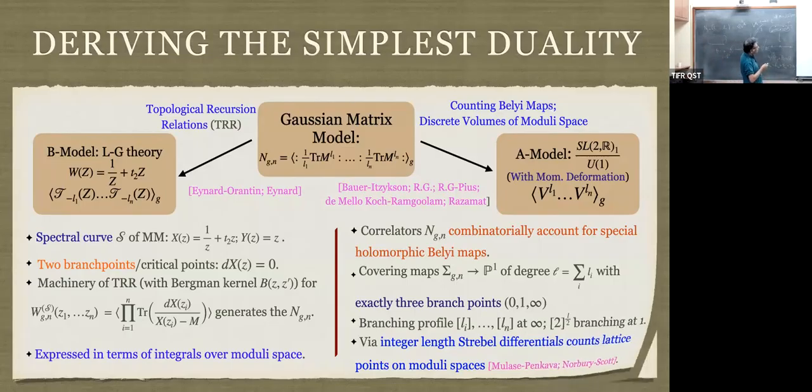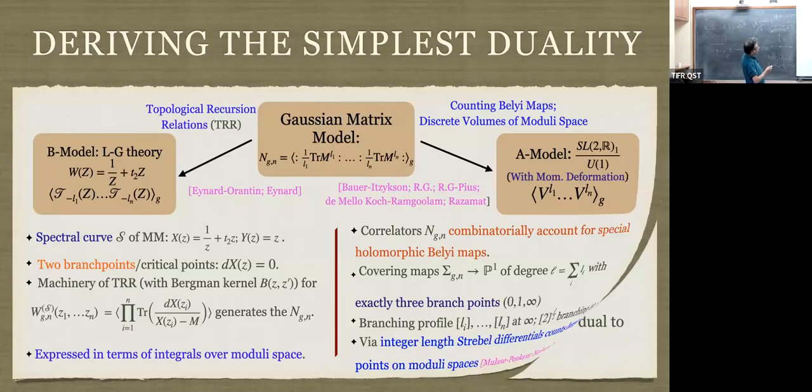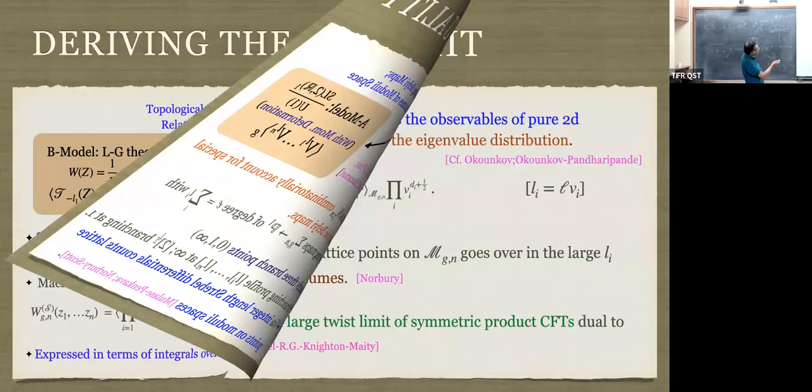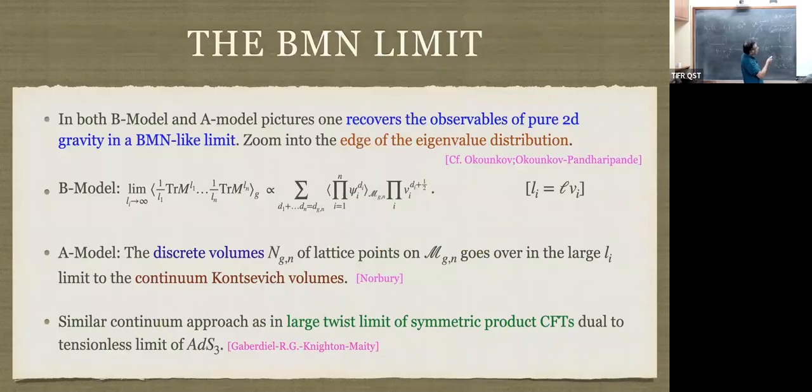So as I said, in the B-model, when you zoom into the edge of the eigenvalue distribution, you take this BMN-like limit, which you can very explicitly take in these formulas for the B-model, and you see that it becomes just those of the minimal models, double scale string theory.